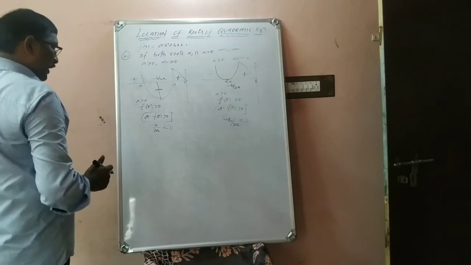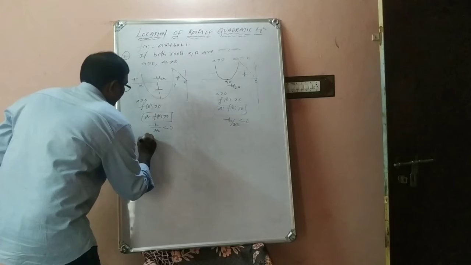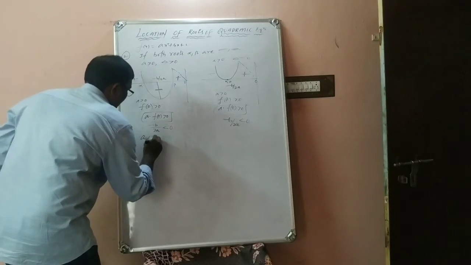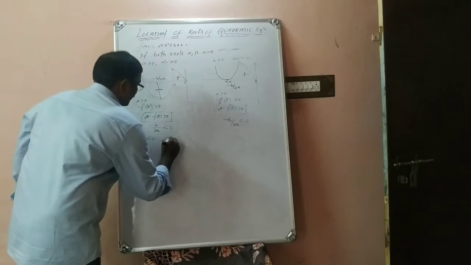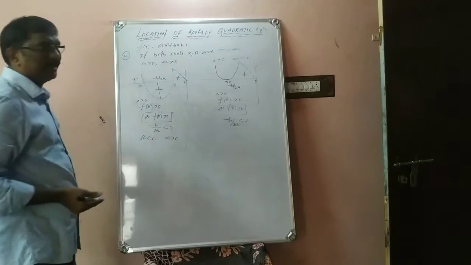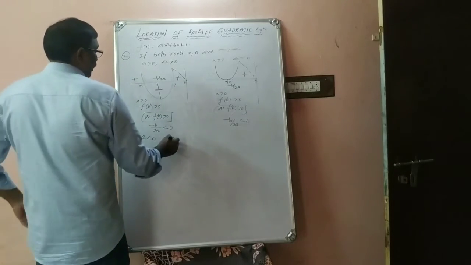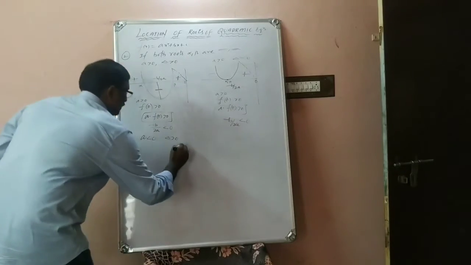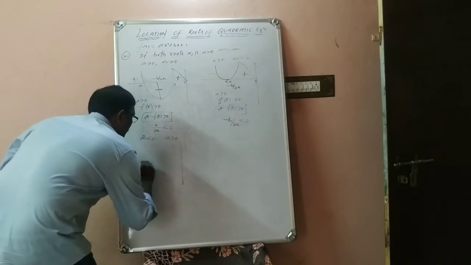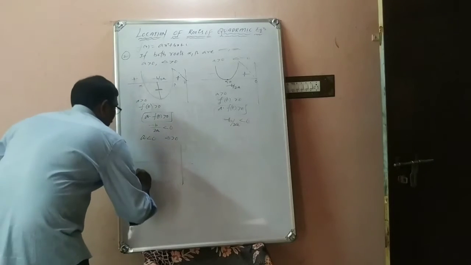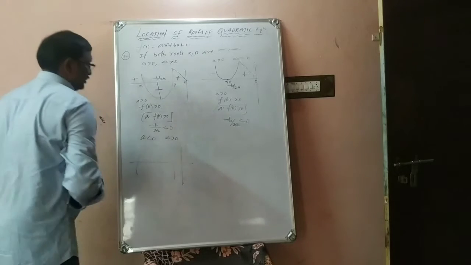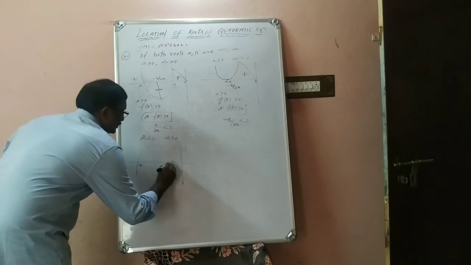This is about a greater than 0. What about a less than 0? The same cases again we will check. A negative now, in the case of delta greater than 0. A negative means you will get a downward parabola. For the downward parabola, both roots must be distinct and negative also. This is alpha and this is beta.